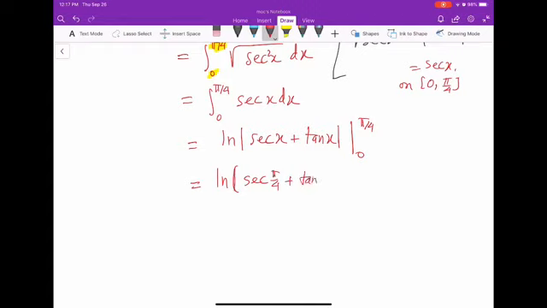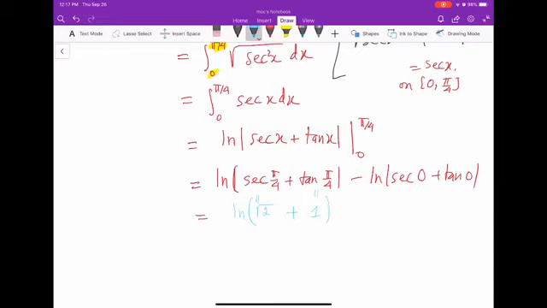Plus tangent of pi over 4 minus ln of secant of 0 plus tangent of 0. And this is equal to square root of 2. This is equal to 1. So you have ln of this guy plus 1.